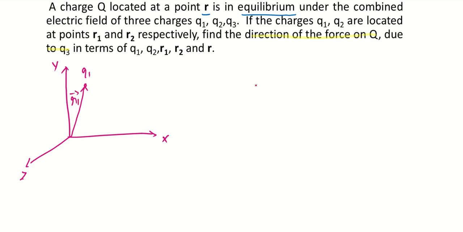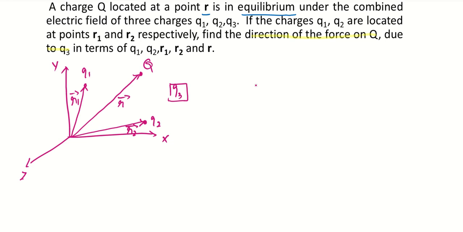Now we have charge Q and the position vector of this charge is R vector. And there is another charge Q2 whose position vector is R2 vector. Q3 is somewhere in the space. We have to find out the force on this charge Q due to Q3.